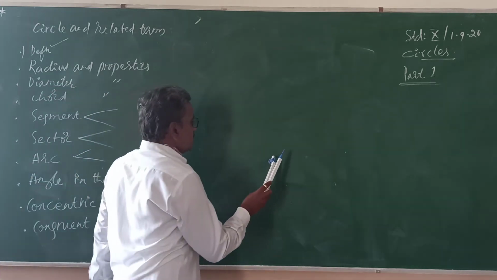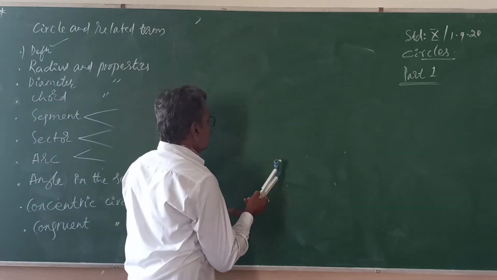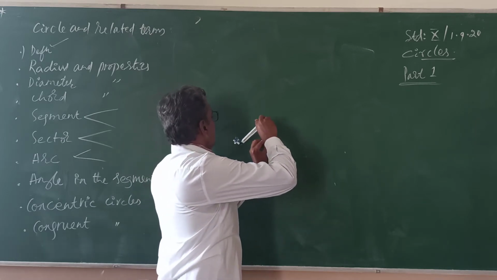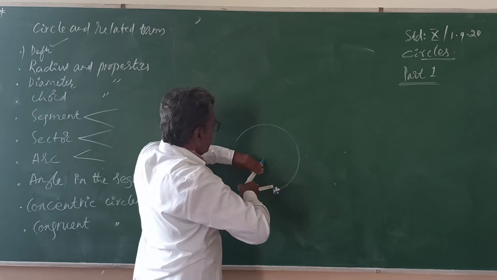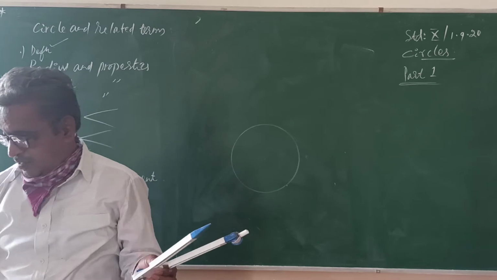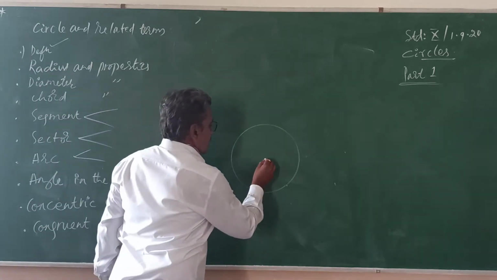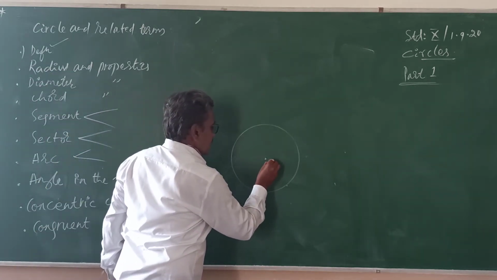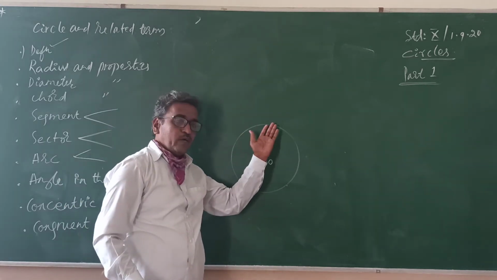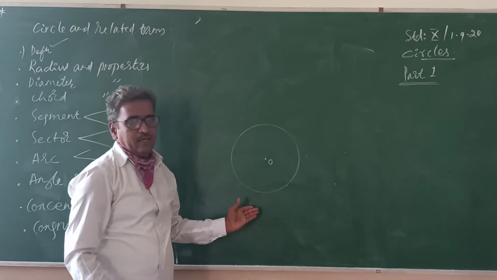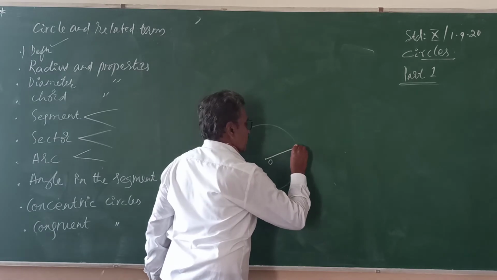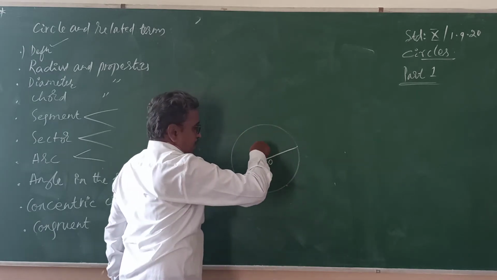So circle, just it is. Yes. I am drawing a circle with the help of a geometrical instrument called a compass. So now, here we can define that a circle is a set of infinite number of points in a plane which are equidistant from a fixed point.